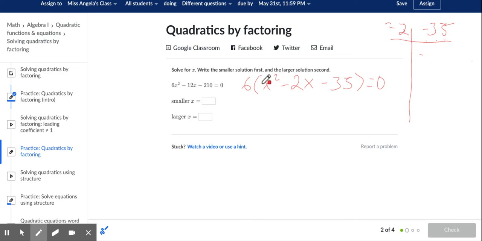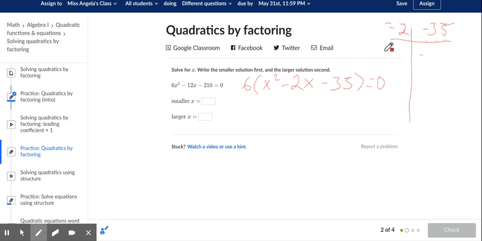I don't have to worry about there being a coefficient here because I factored it out. They need to multiply to a negative, so one has to be positive and one has to be negative. They need to add to a negative, so the bigger one is going to be negative, and the smaller number is going to be positive.